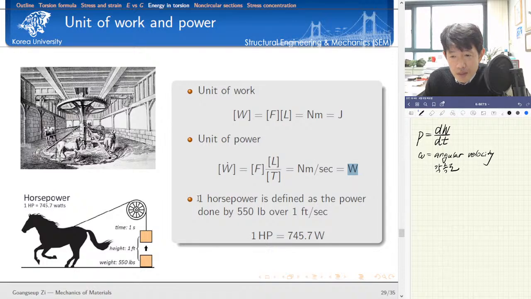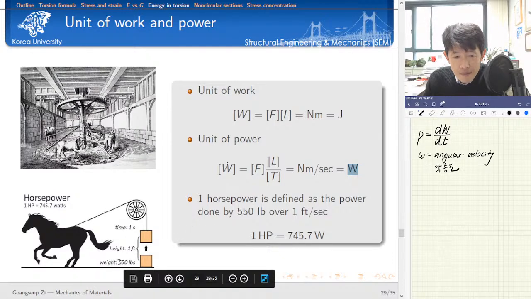That's W, which is rather confusing, but this is the standard, we use watt. The relation between 1 watt and 1 horsepower is given here. 1 horsepower is defined as the power done by 550 pounds over the speed of 1 foot per second. This is the definition of 1 horsepower. If you calculate this considering the unit conversion, we find 1 horsepower is equal to 745.7 watt.